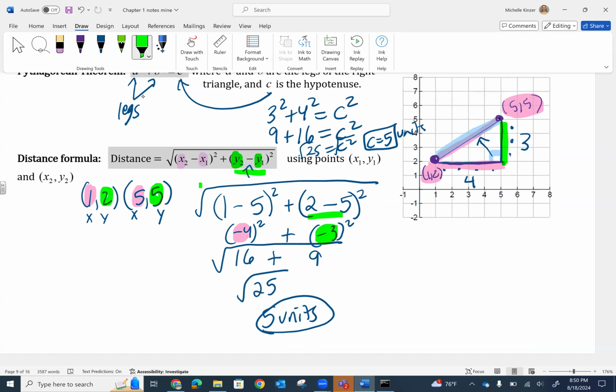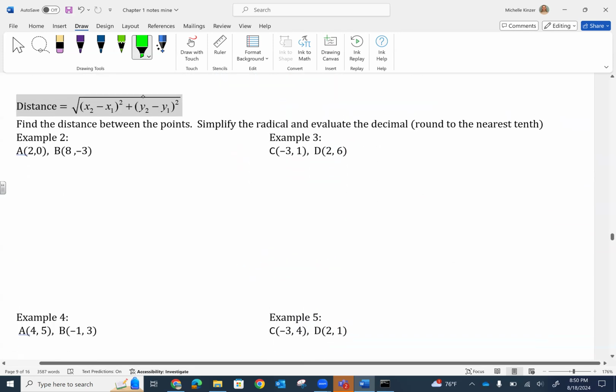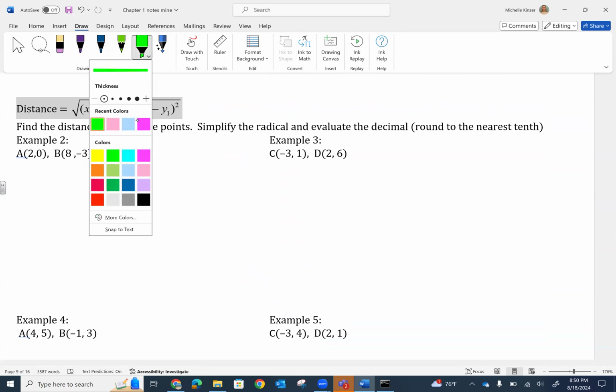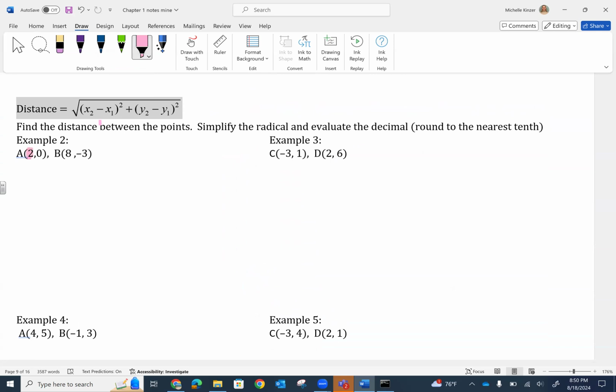So let's practice doing the distance formula on this one right here. How you do that is you start by saying, okay, the formula says take both x's, so 2 and 8, those are the x's. That's what the formula says. Add a subtraction sign between them, put a parentheses and a square.